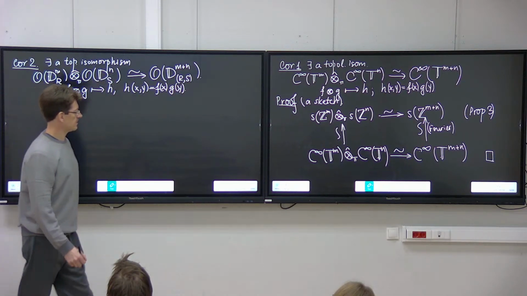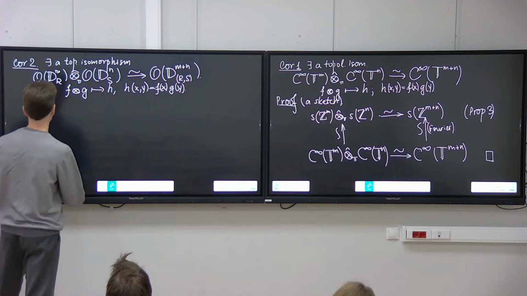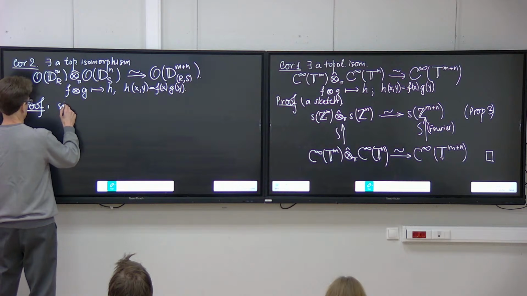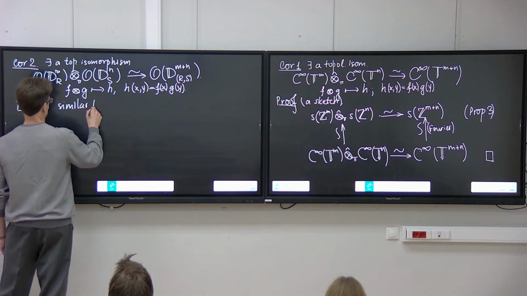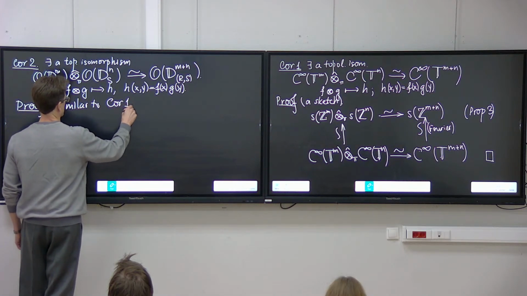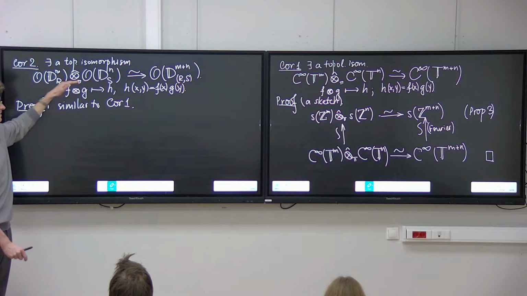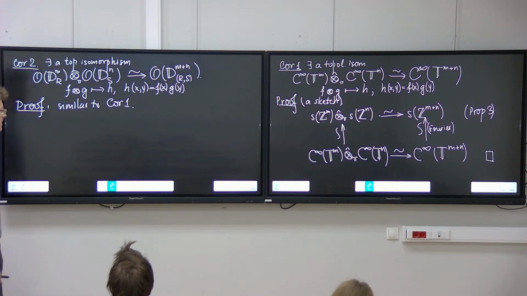And the proof is similar to the proof of corollary 1. So you take suitable Köthe spaces, which were discussed in the previous lecture and which are isomorphic to the respective spaces of holomorphic functions on the polydisk, and apply proposition 3.